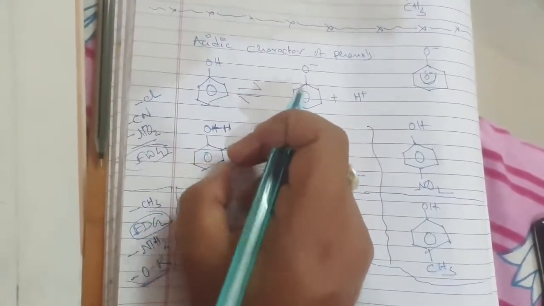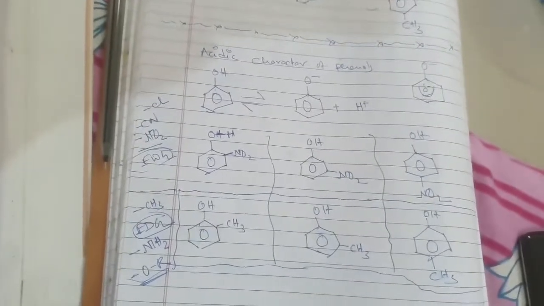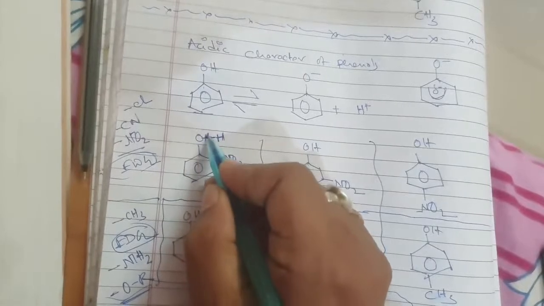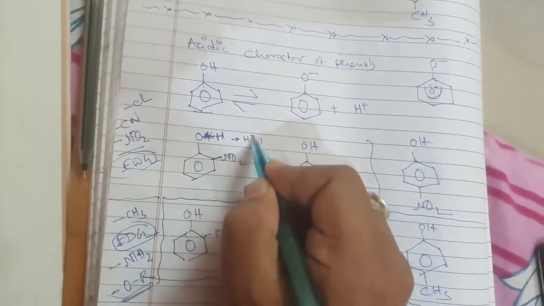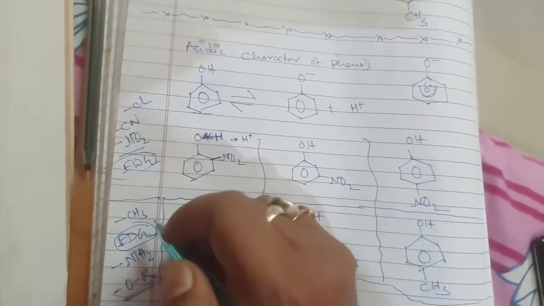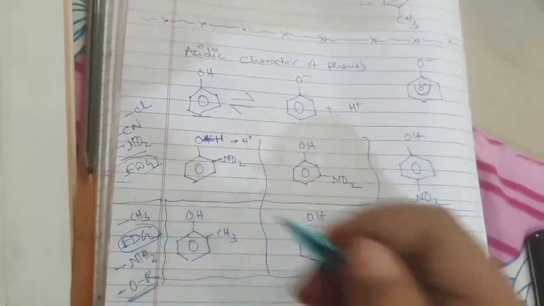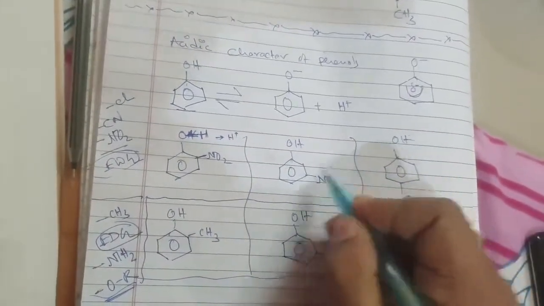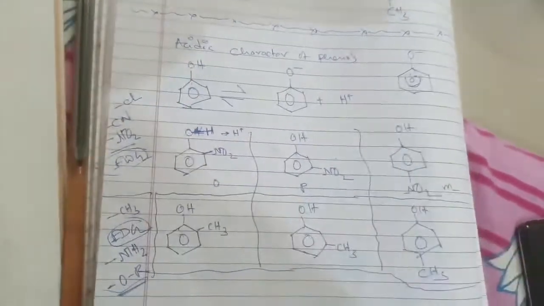If the electron is withdrawn from here, the O will pull more electrons towards itself, and hence the tendency to release H plus ion will be increased. So will be the case for ortho, para and meta positions.